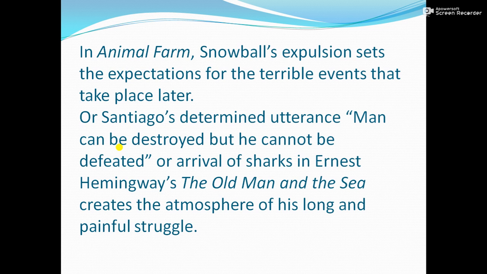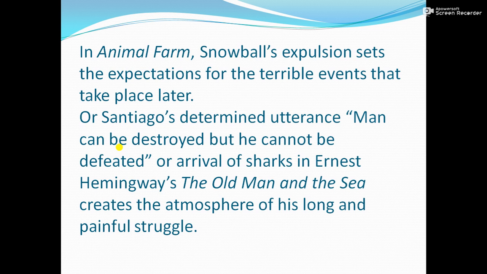Or when the sharks arrive to eat that marlin, sharks are big carnivorous fish in the ocean, right? They are called the bulls of the ocean or bulls of the sea. So when sharks arrive, we know that this particular old man, Santiago, is going to have a long and painful struggle.